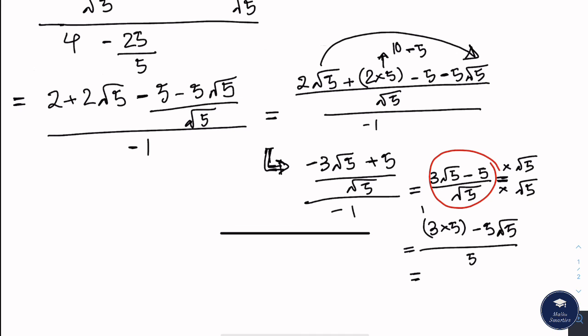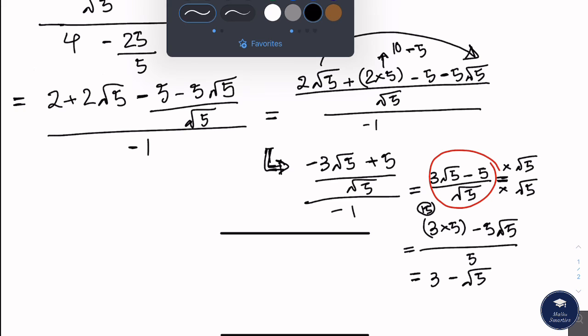This is 15. 15 divided by 5 is 3. Okay, let's write it there. It is 3. And now minus 5 divided by 5 is minus 1. We don't have to write it. The 3 is going to stay the same. The final answer is this.